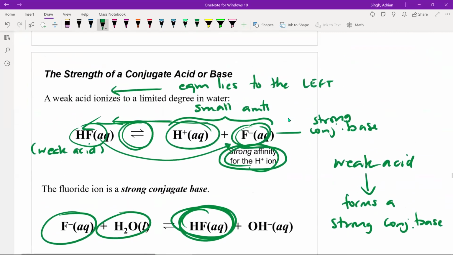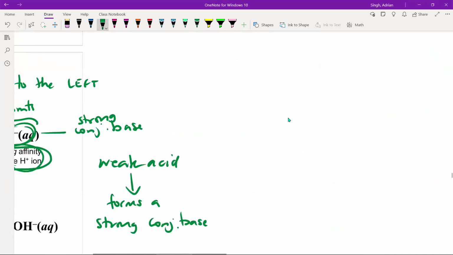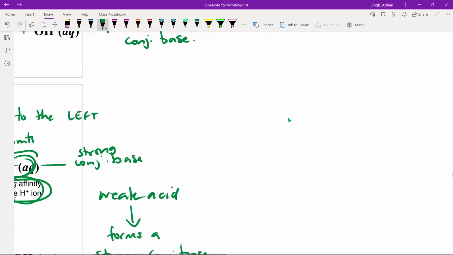Now, the terms strong conjugate base and weak conjugate base, these are strong and weak relative to the conjugate acids and bases. They're not strong and weak in terms of how we define strong acids versus weak acids, or strong bases versus weak bases, how we define those at the beginning of this section. So what we see then is that there's an inverse relationship.